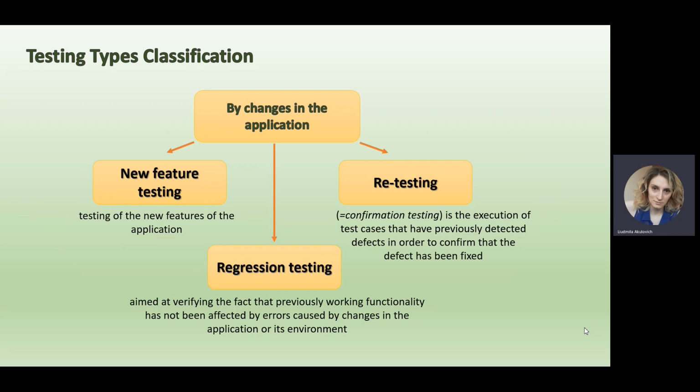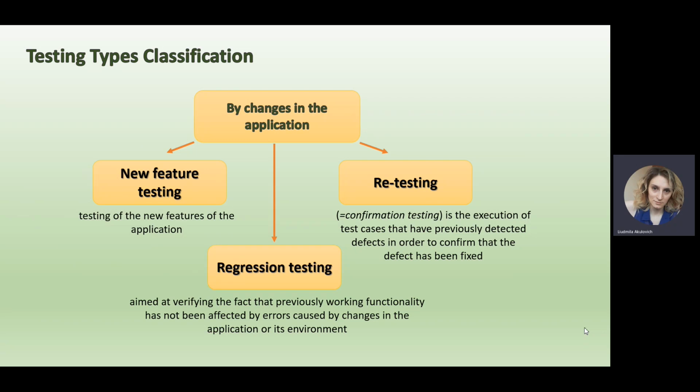In regression testing, you are checking that previously working functionality wasn't affected by new changes. A couple of new features may be implemented, maybe some absolutely new functionality, but this new functionality can also affect and cause errors in functionality that was great.